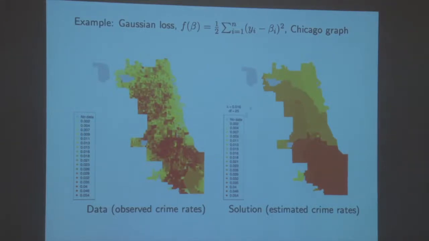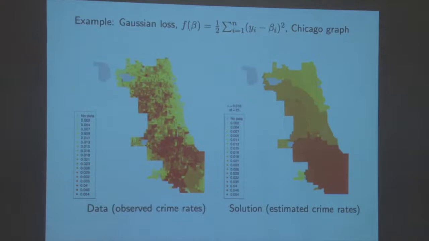Probably a more proper analysis would treat these as probabilities rather than as real numbers, but just for the sake of an example, I just used the squared error loss. So a very rough solution shows us what the denoised estimate looks like. I can think about each color here being the estimated crime rate in that particular census tract in Chicago. So you can see it really is piecewise constant over the graph.